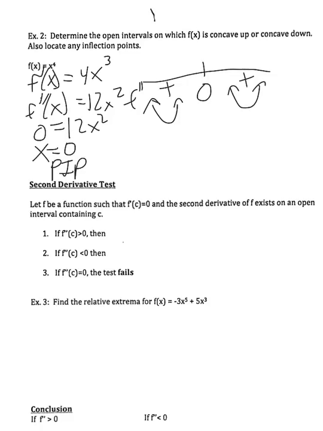Concave up. So it's concave up everywhere. So we would say f of x is concave up on the interval negative infinity to infinity. And since it didn't change concavity at all, no inflection points.